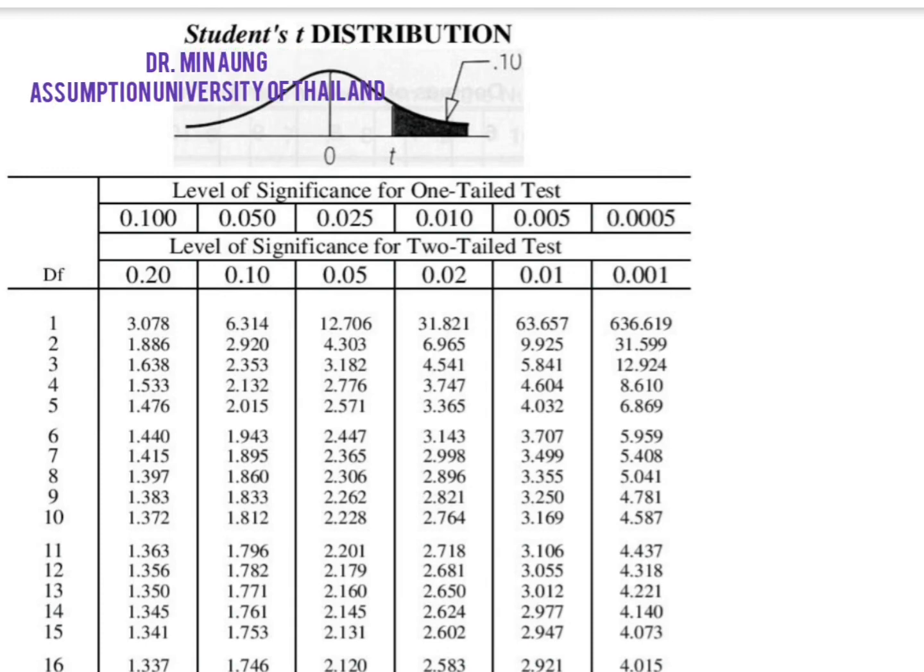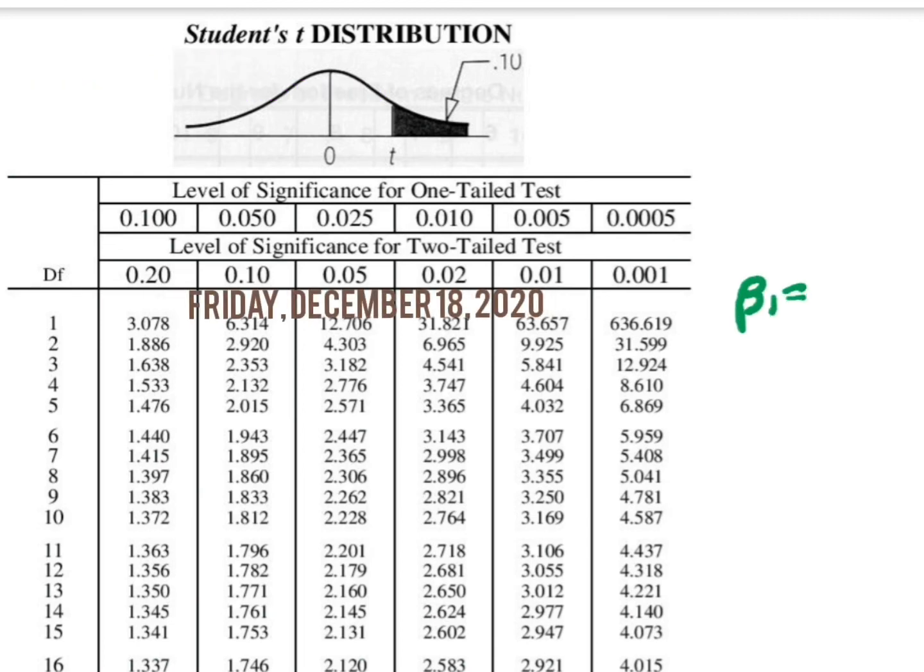Our test is beta 1 is 0 or not 0. Two-tailed test, alpha 0.05, 5% level of significance, therefore this column.